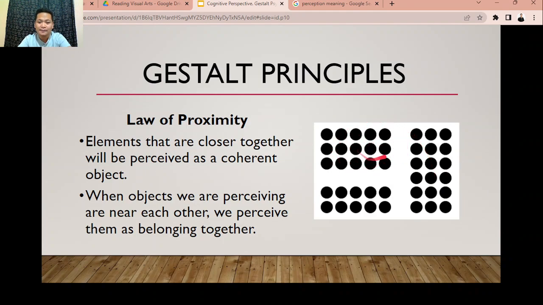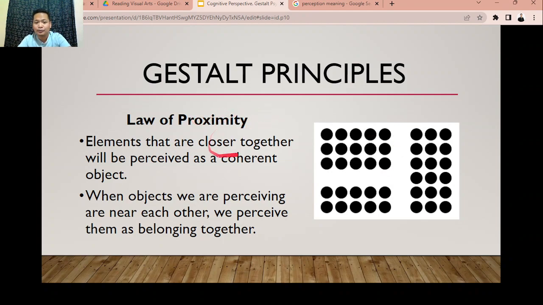It means they belong together. So we focus on the objects that are closer together. When they are closer together, we perceive it as one, as a coherent object. That's why they group. That's how we look at it, how we perceive it.